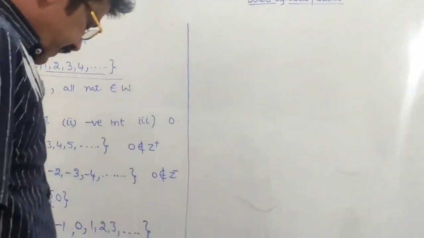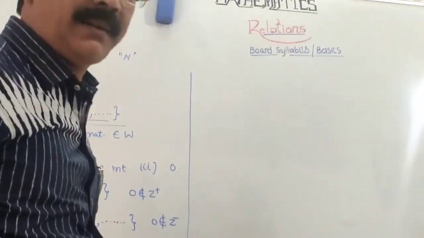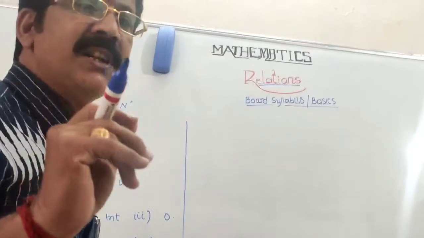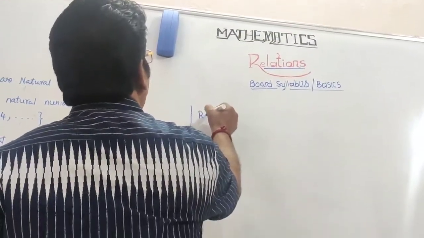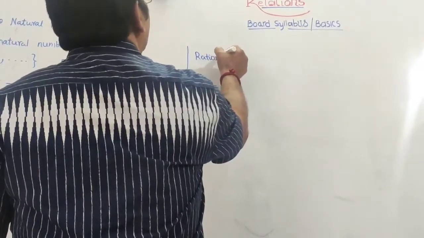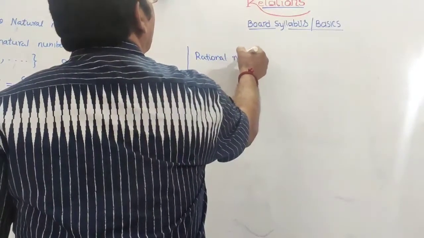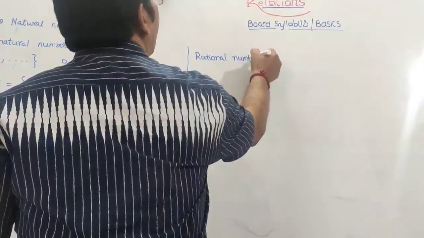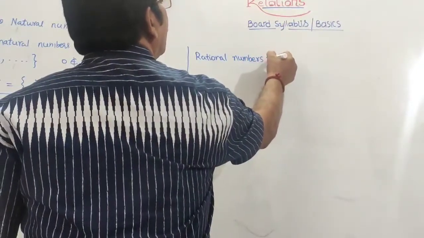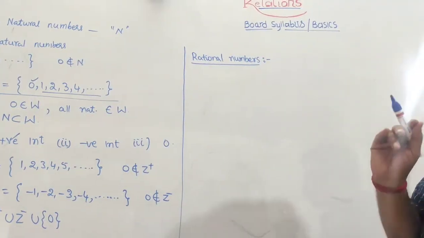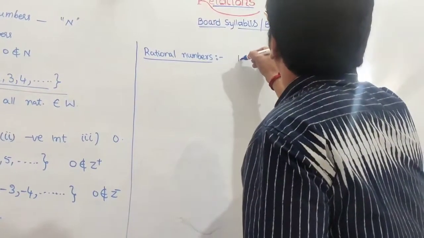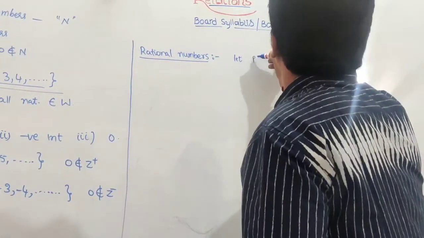Next. Very important lesson or definition. Rational numbers. First, a simple definition.